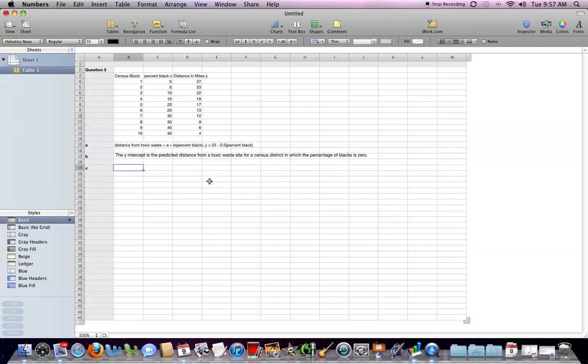So C, based on this equation, what is the predicted value of Y for census blocks that are 15% black? Well, that's not too hard now, right? If you think about it, 15% black and then for 25% black. Well, we can actually just plug this into our equation, right? Let's do this to make things clear. Why don't we have it written out up here, what we're going to be saying?